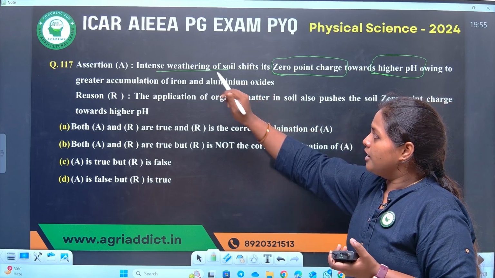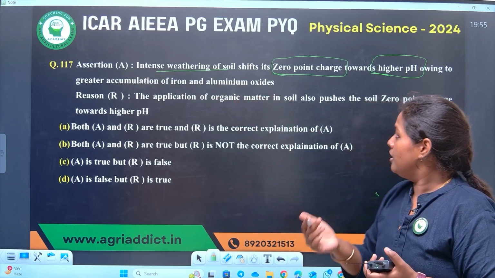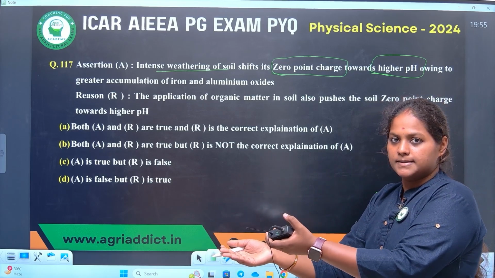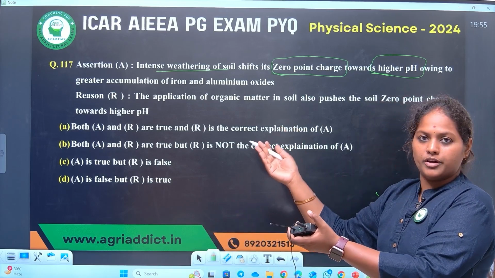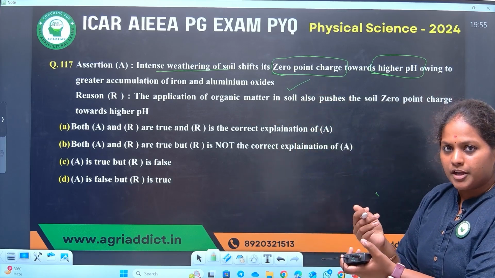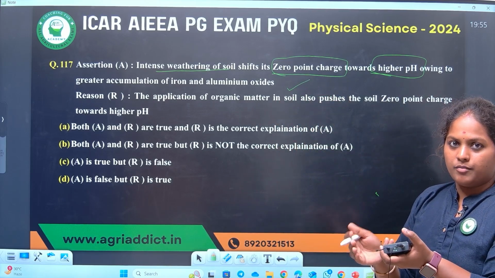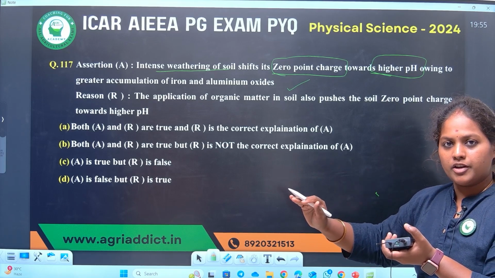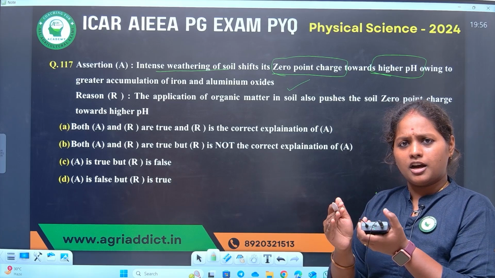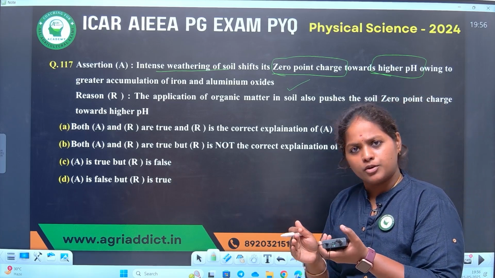What they are telling? Due to intense weathering of soil, this ZPC point is moving towards higher pH. Is it true? Yes, true. Why? Because when the weathering is happening, the soil is becoming acidic because basic cations will get leached away in weathering. So the acidic substances like aluminum, iron, hydrogen ions will only be remaining.